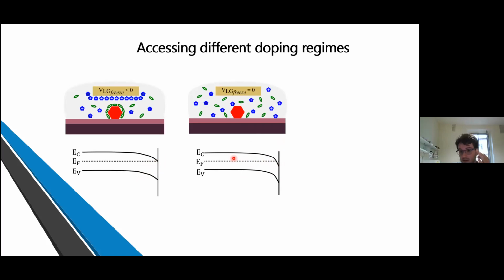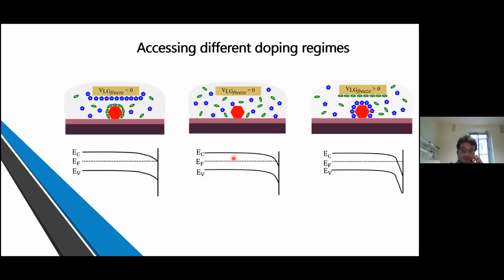In the opposite regime, if we apply a positive counter-electrode voltage, we induce cation accumulation at the interface between the ionic liquid and the nanowire, thus causing a downward band bending, which enhances the electron concentration, and we refer to this as an enhancement doping regime.